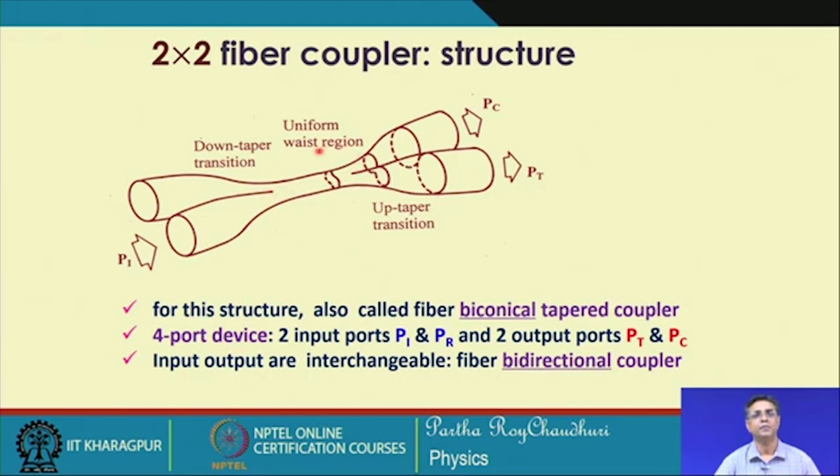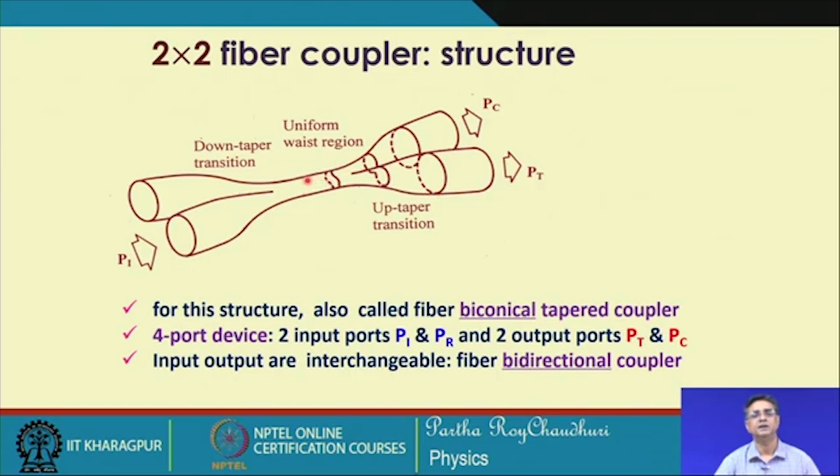If it is now heated, fused and pulled, it will form a down taper transition here. There will be a uniform waist here and an up taper, forming an optically isolated pair of fibers. So, we started with two optical fibers which are isolated, brought them in contact with each other, and then fused and pulled.